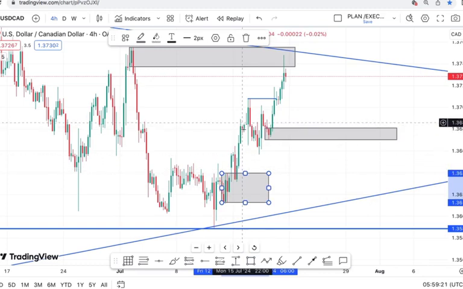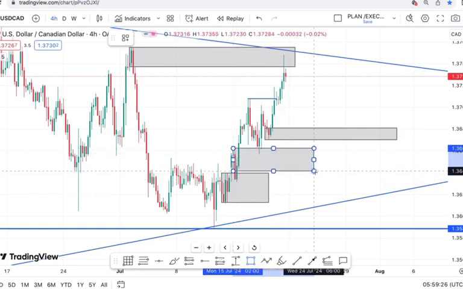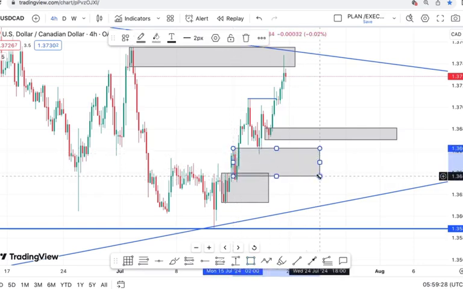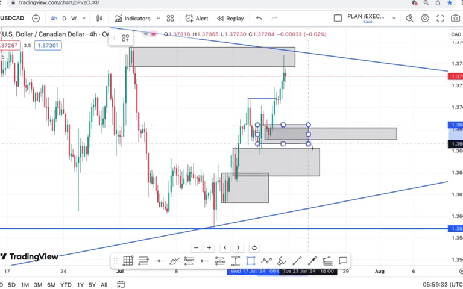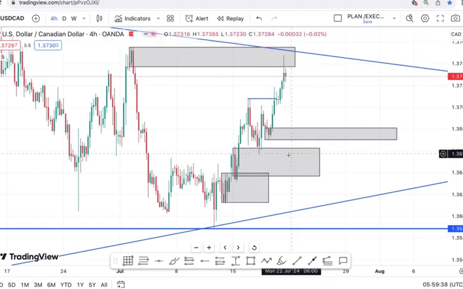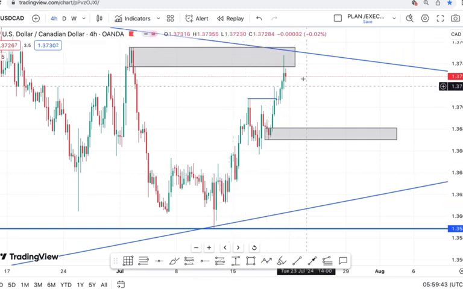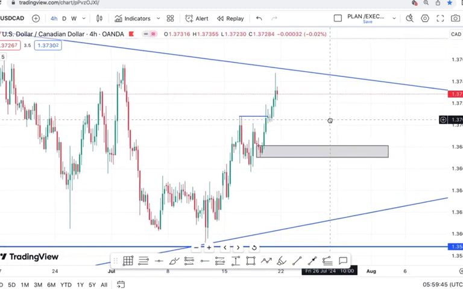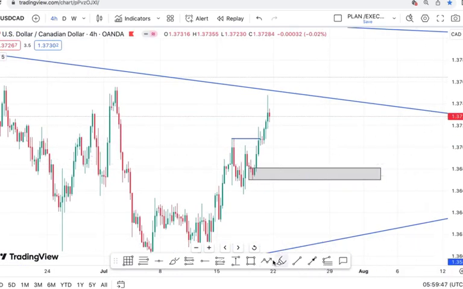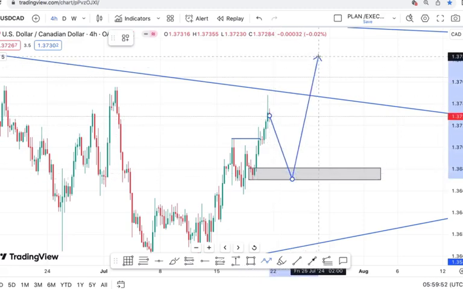You see this move to the upside. Look at this one again. Price is currently respecting supply. Look at this again. You see, price tapped in and moved all the way to the upside. So this pair is one of the pairs you should look out for in the coming days or coming weeks. I'm expecting price to pull down here, give us a reaction and start taking out these highs.